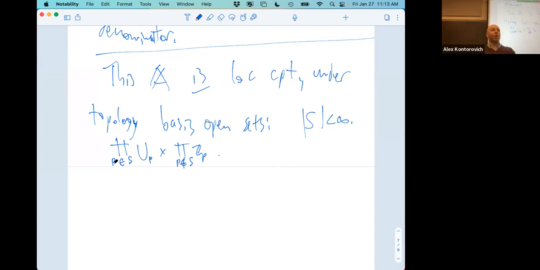Place means a prime or infinity. If you have a general number field, you have other embeddings of the reals. I'm going to generate the topology from sets of this form by taking finite intersections and arbitrary unions.